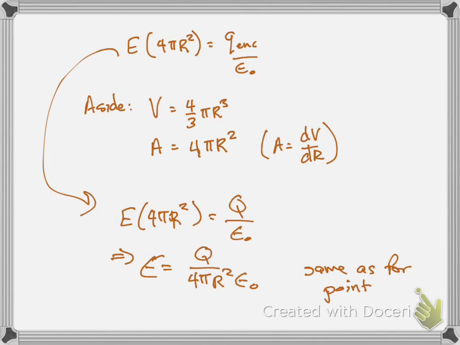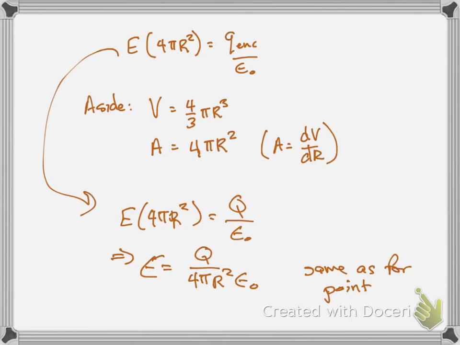Outside of a spherically symmetric charge distribution, whether the charge density is constant or not, as long as it's a spherically symmetric charge distribution, it looks the same as a point charge. But this is not an appropriate answer because it's not in terms of the given quantities.